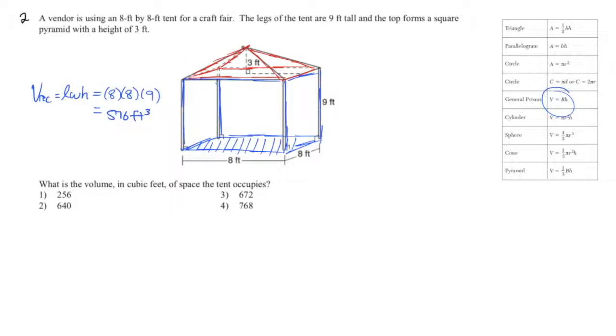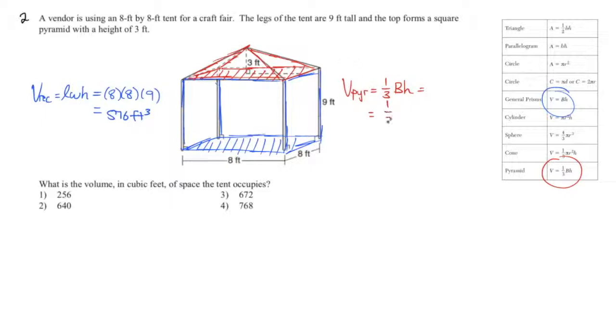Now we're going to look at our red pyramid, and that one is given here. So the volume of the pyramid, once again, they're going to give us 1/3 capital B H, and that is referring to the area of the base, which has the same dimensions as the base taken up by the rectangular prism.